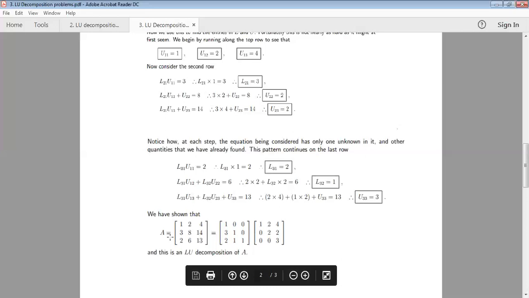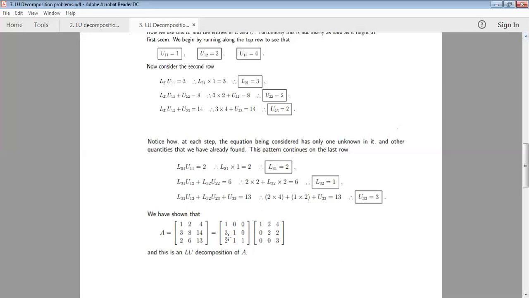So now write A as A equals [1, 2, 4; 3, 8, 14; 2, 6, 13]. And the lower triangular matrix is 1, 0, 0; then L21, whose value is 3, and 1, 0; now L31, whose value is 2; this is L32, L32 is 1, and 1.